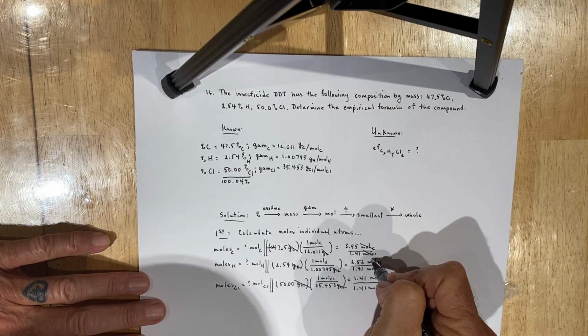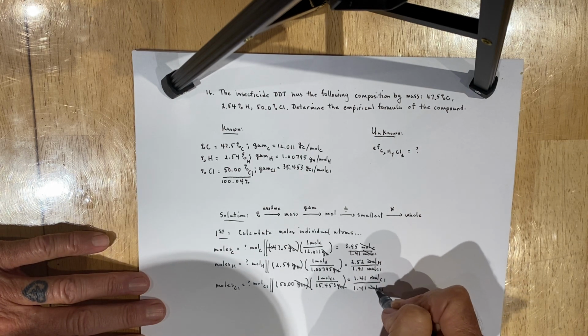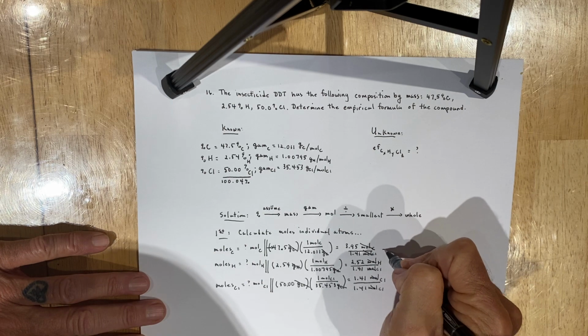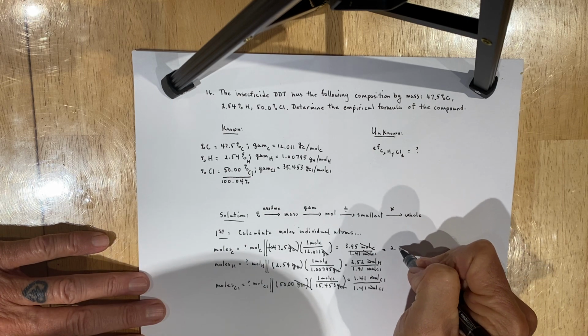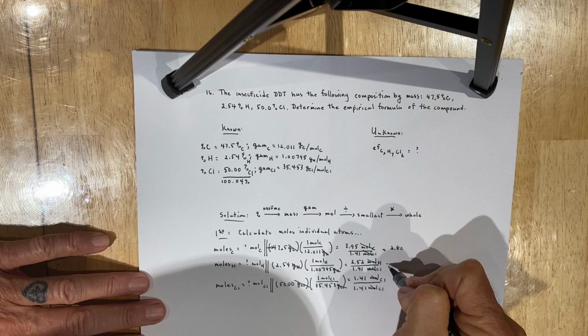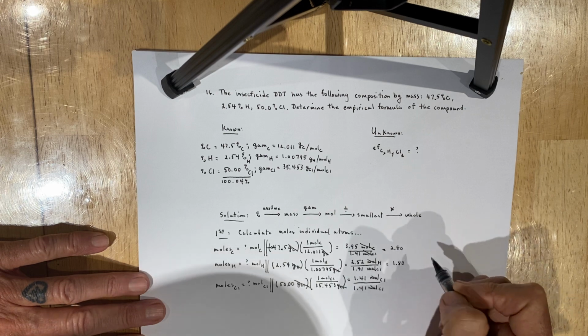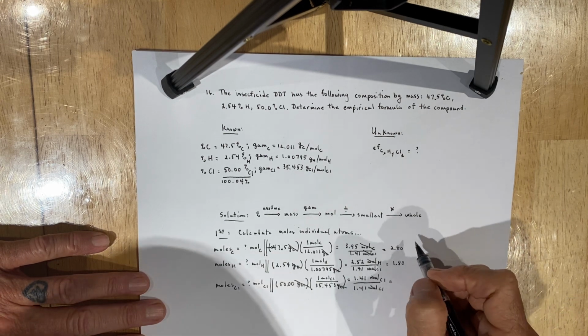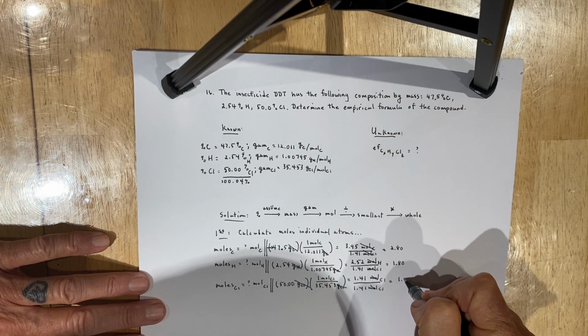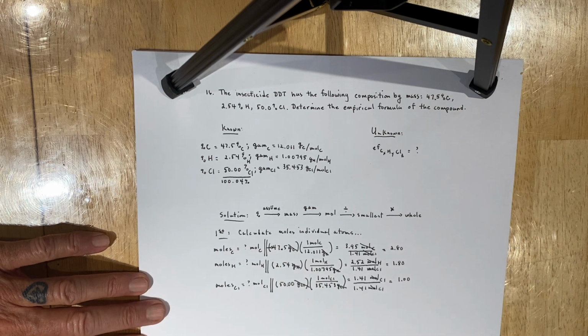The units are going to cancel, and you get a value here of 2.80, a value here of 1.79, but we're going to round that to 1.80, and we're going to get a value of 1 here.